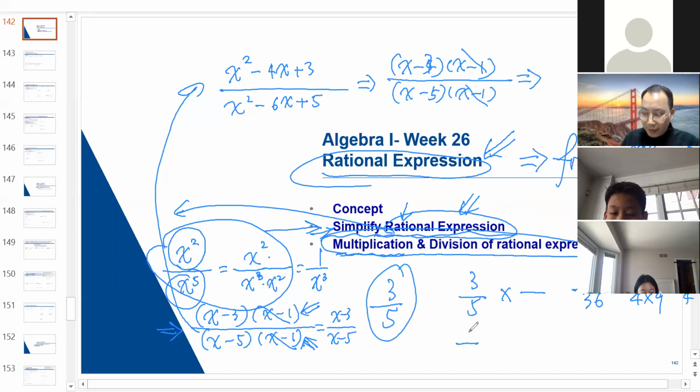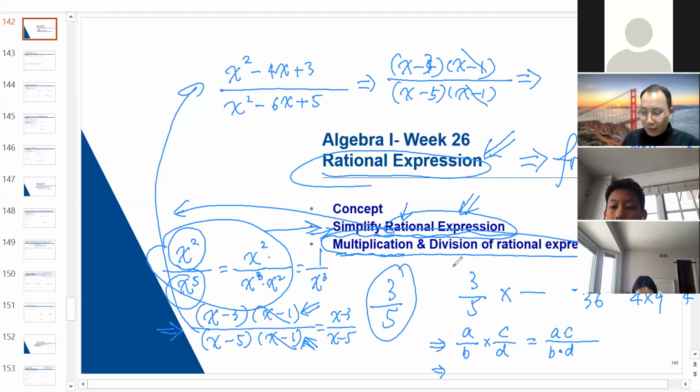Something like A over B times C over D, when they do the multiplication, you guys know this one, right? When we do this kind of multiplication, the numerator part multiplies by itself, and the denominator part multiplies by itself, right?